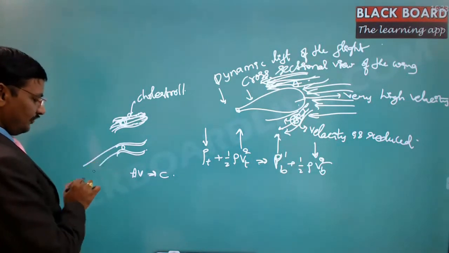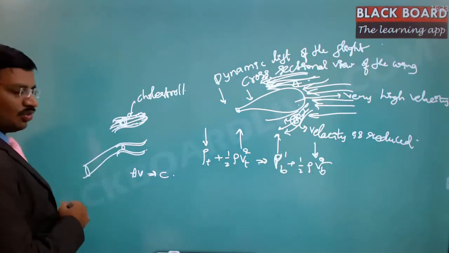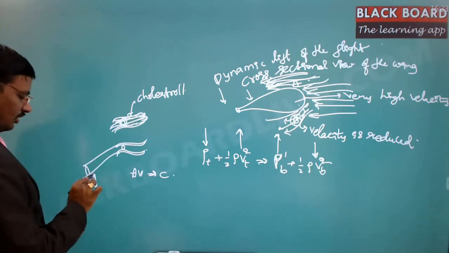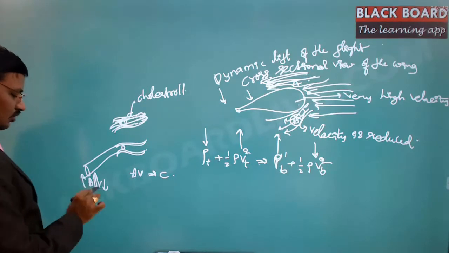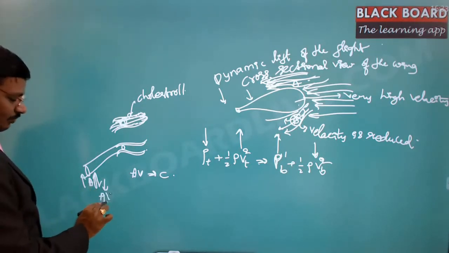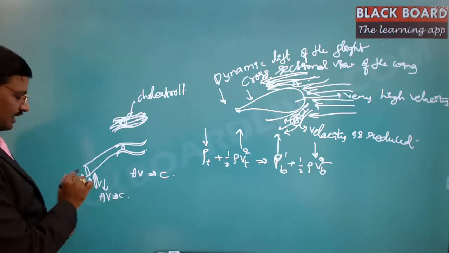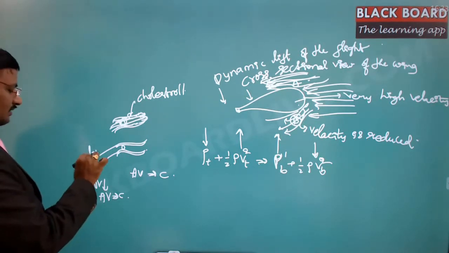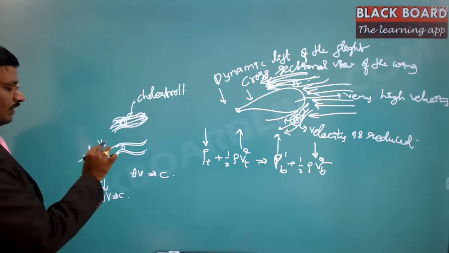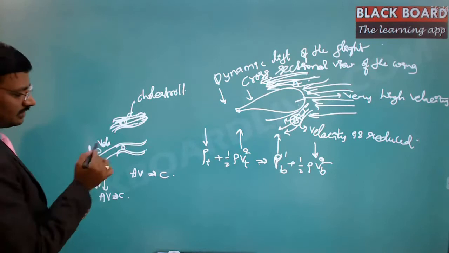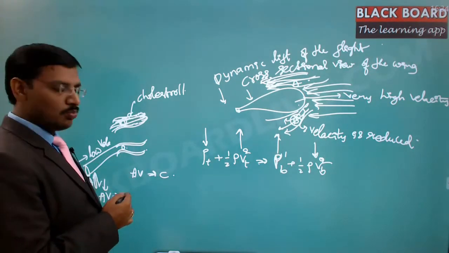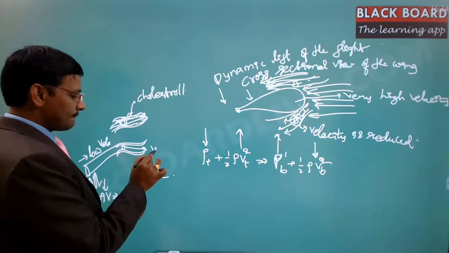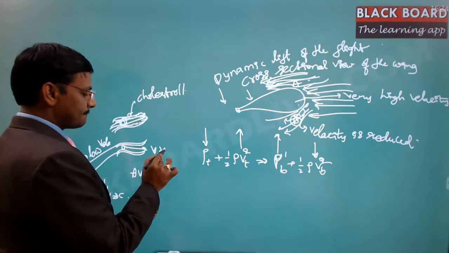Here the area of cross section is more, so the velocity will be less; the AV product is maintained constant. Hence, low velocity will be here. Now in this particular stage, the velocity of the blood is going to be more. V is very high.